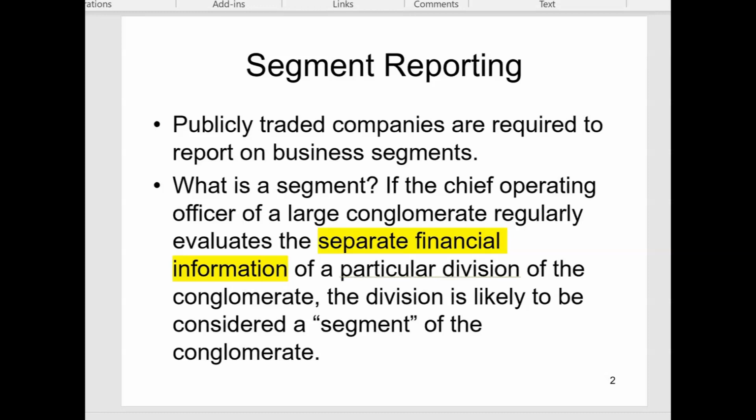When parent sells to this sub and this sub to that sub, you don't see that because it's all been eliminated. So where do you get to see it? You want to see it somewhere. You see it in a disclosure known as segment reporting. That's where you see all the intercompany transactions. They're not in the body of the financial statements, but they're disclosed separately in segment reporting.